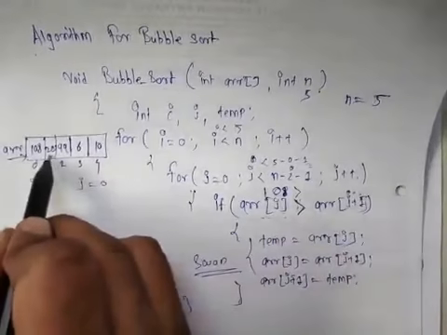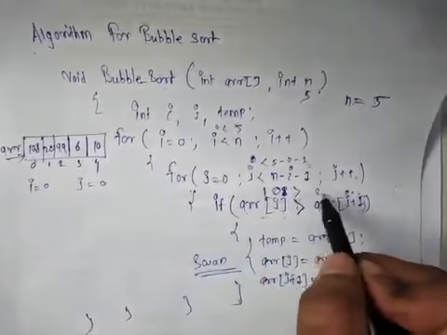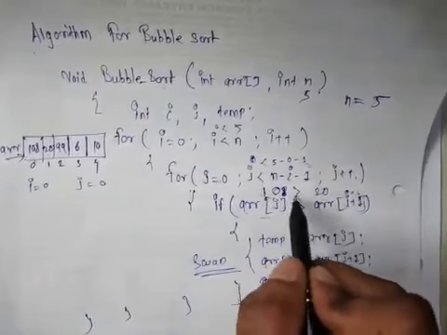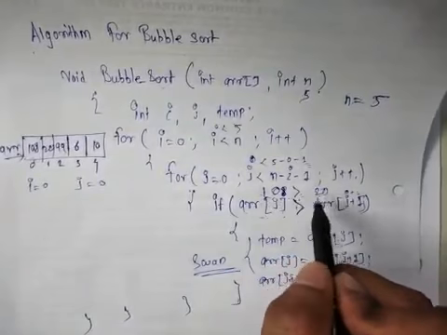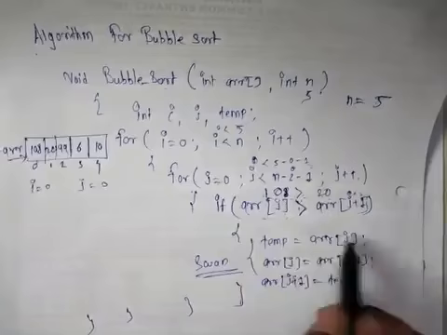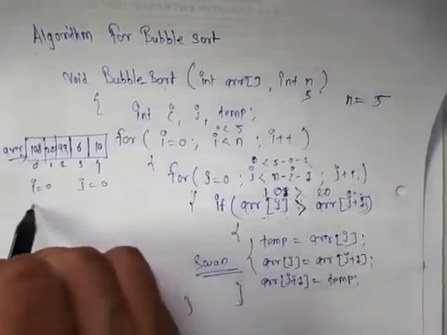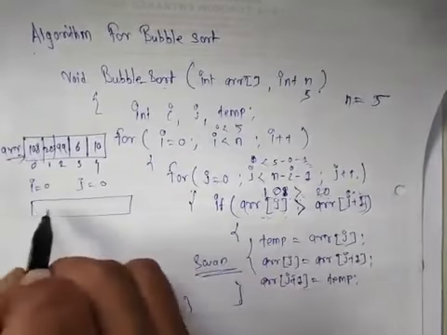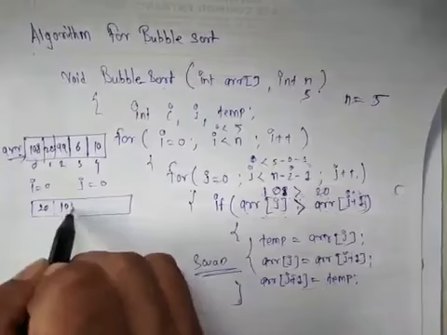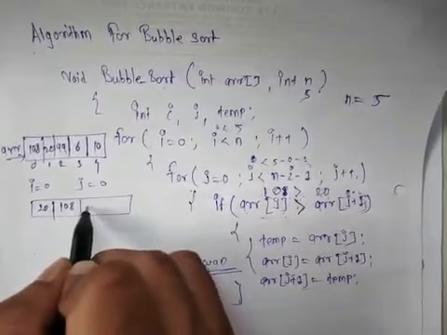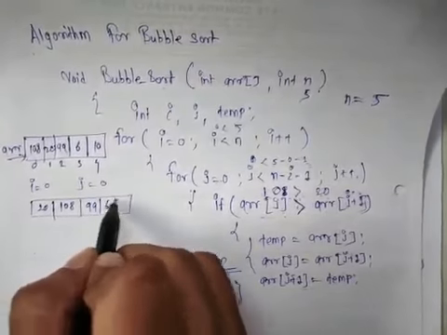So at index 1 we have 20. So this condition is satisfied. 108 is greater than 20. So what are we going to do? We are going to swap them. So simply the array will change: here comes 20, here comes 108, and the remaining array is as it is: 99, 6 and 10.